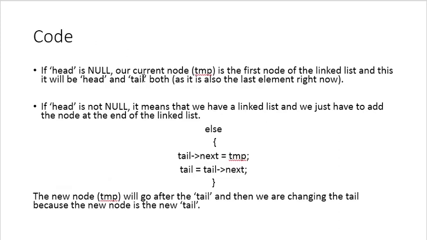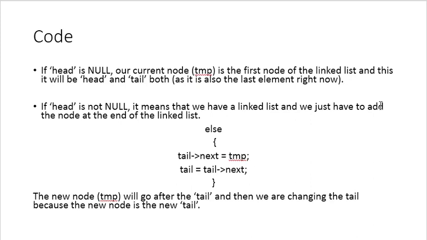If head is null, our current node temp is the first node of the linked list, and thus it will be head and tail both. As I have told you, if we are assigning our first node, the head will be assigned to temp, and the tail will be assigned to temp as well, as there is only one node, the first and the last node.